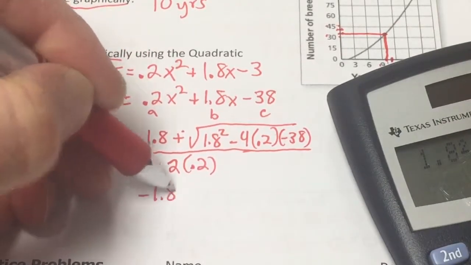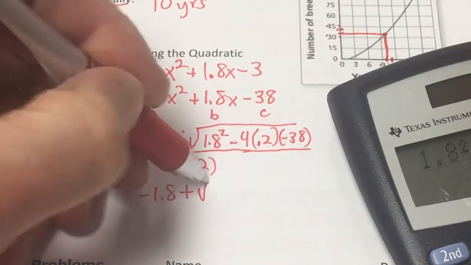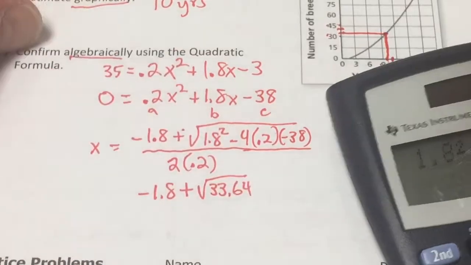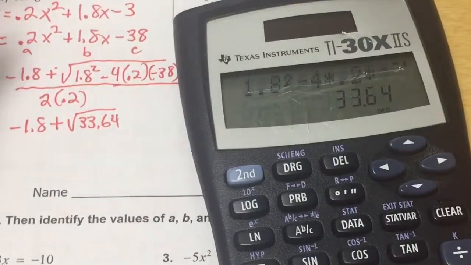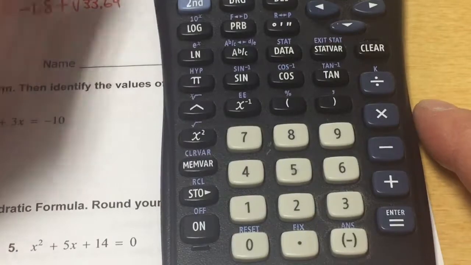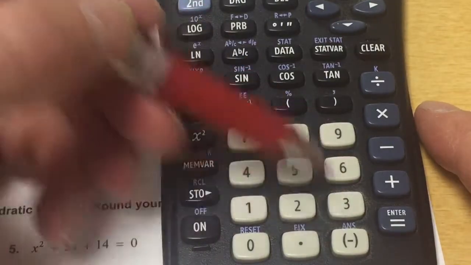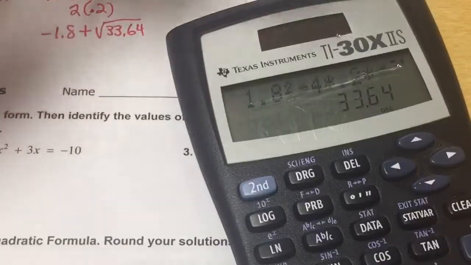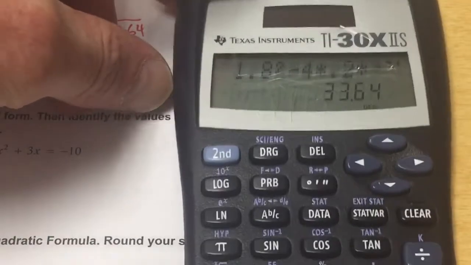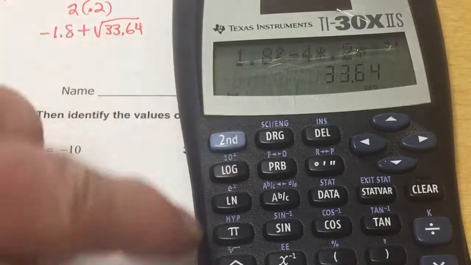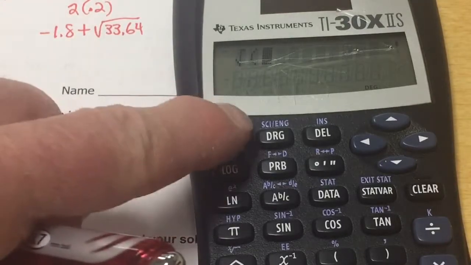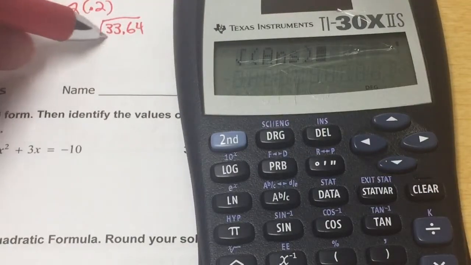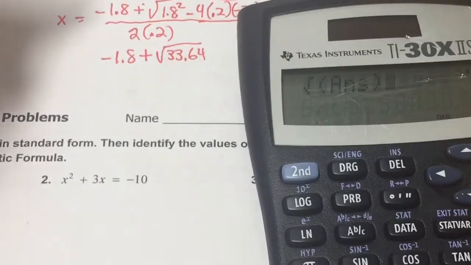So negative 1.8 plus the square root of 33.64. Now here's a little reminder about what you can do with this calculator. This thing right down here that says ANS, that's saving this number, the 33.64, on the calculator. So I'm going to do second square root and then second answer, meaning that I want the square root of this last answer that I had, 33.64.